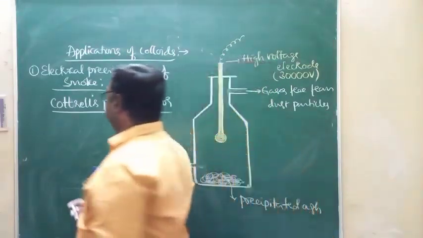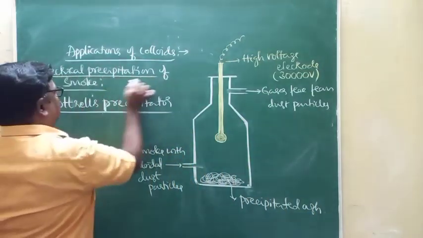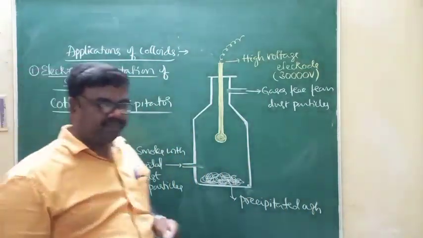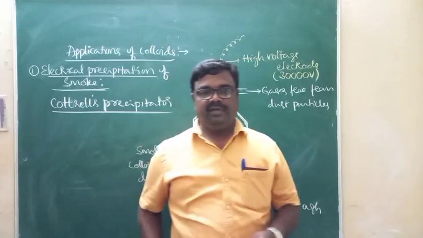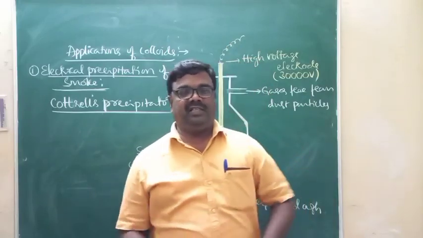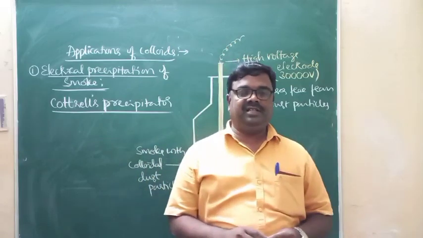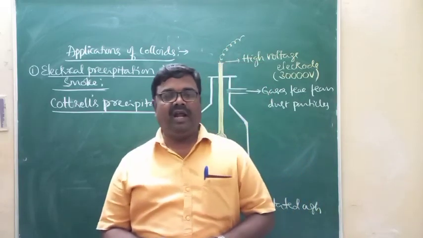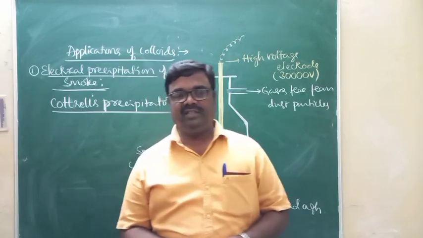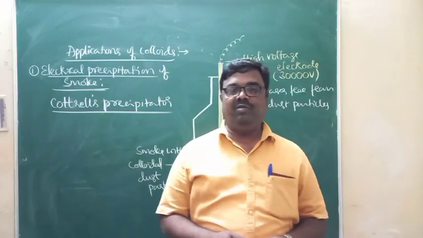Under that, we'll see first of all the electrical precipitation of smoke. Just imagine the waste gases from the various industrial plants. They are characterized by colloidal impurities like smoke particles, dust particles, and arsenic compounds.